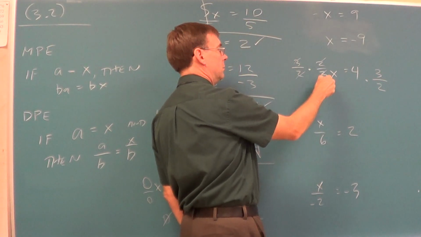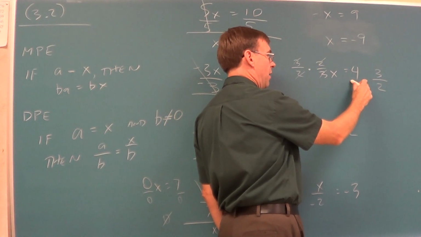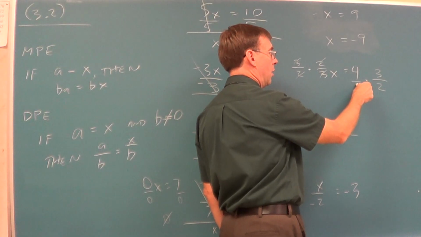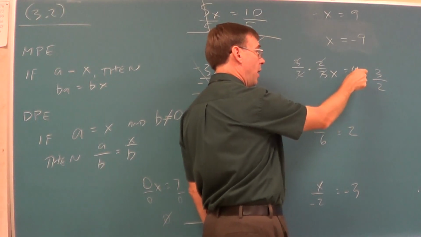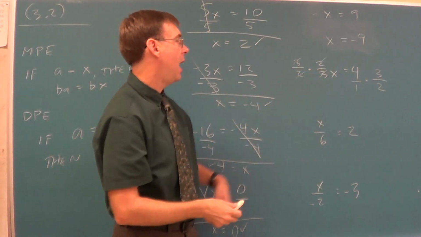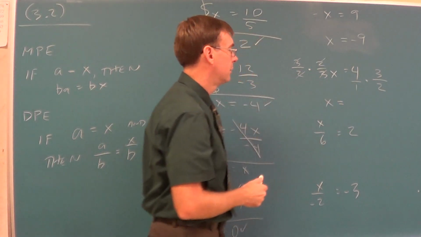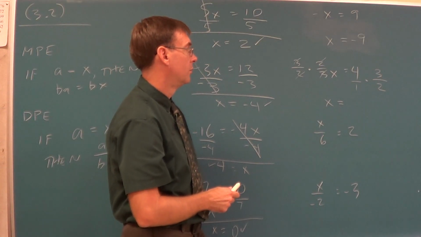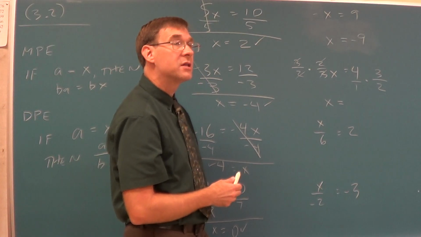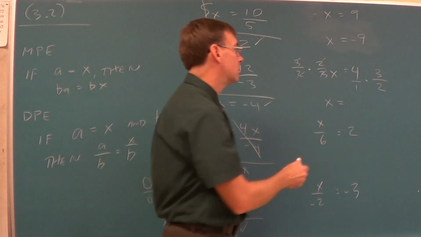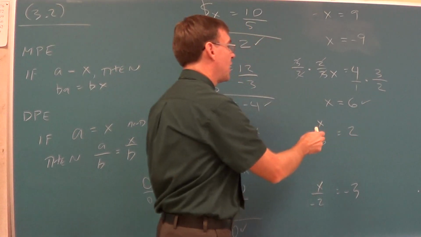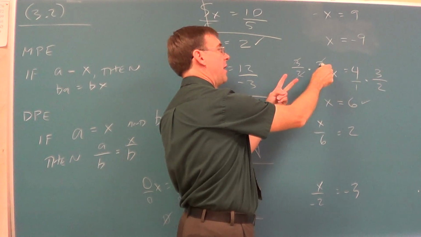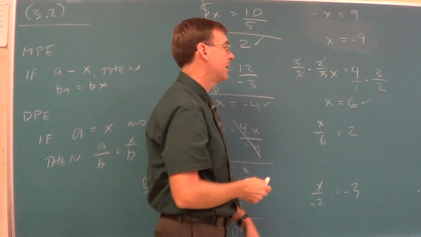This would all cancel. Might make people feel better if I put this 2 over 1. Whole numbers are over 1. And then math that out. Can somebody do that over there? Six over 1. Or best, just 6. If we want to check that, if we plugged it in, the 6 would cancel the 3, leaving 2. To multiply the other 2, we get the 4, and that does check out.